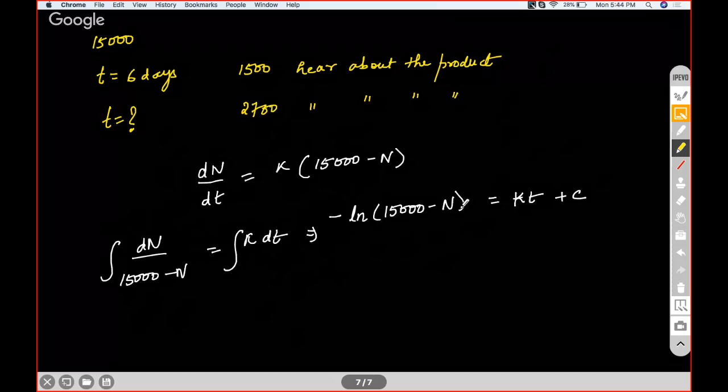Now, at t equal to 0, how many people had heard about it? None of the people, right? So I can use the fact that t is 0, then n is 0. I'm assuming n is the number of people who have heard about the product.